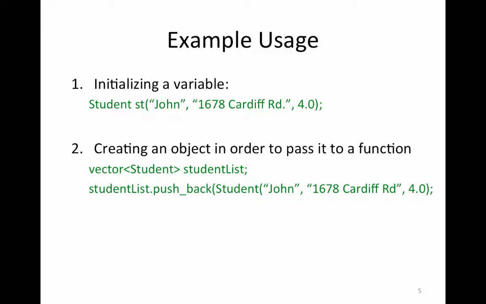Okay? So you can kind of think of it as what's going on here is we call student John, and what happens is the compiler, so we'll call it student factory, so student constructor, but we'll say it's a factory.